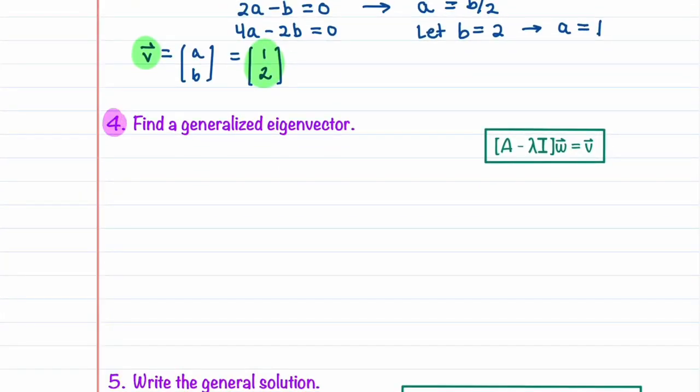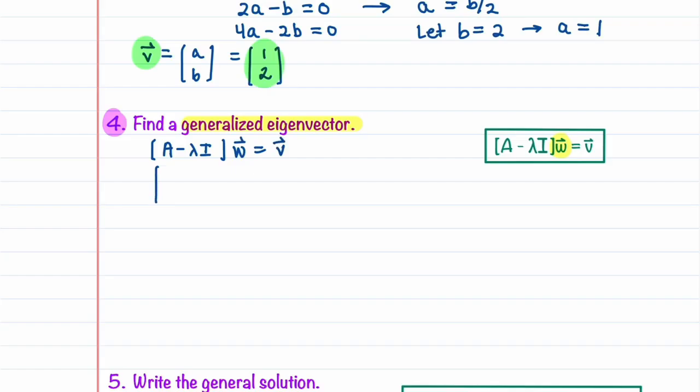Now let's go to step 4. Step 4 is to find what's called a generalized eigenvector, and that generalized eigenvector we're going to call vector w. So we're going to solve the system of equations (A minus lambda I) times vector w is equal to vector v, and vector v is the vector that we just got. So let's write this down.